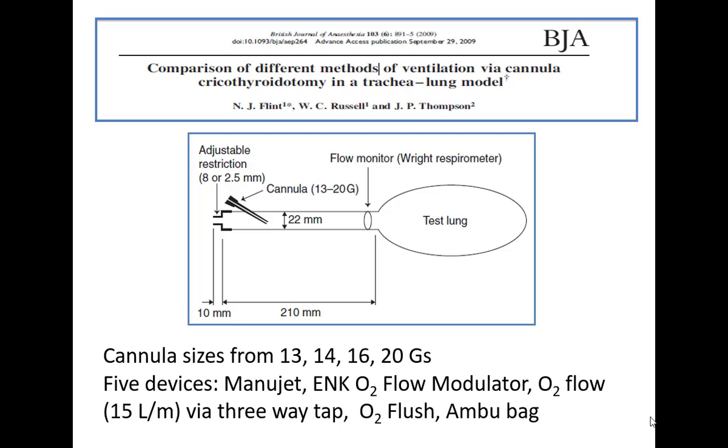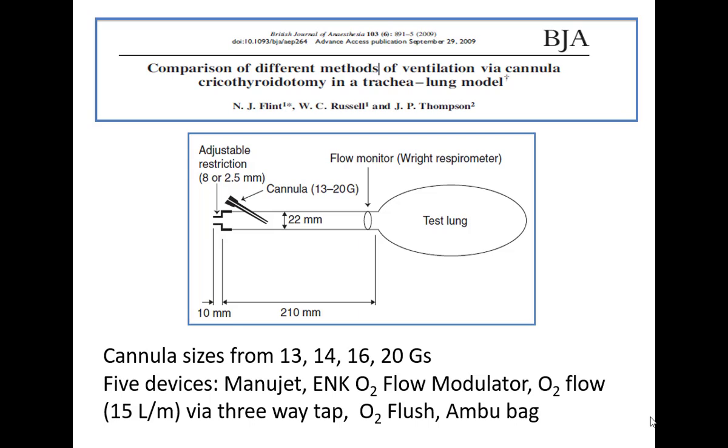So this was a very interesting study. What they did was they made a trachea out of plastic tubing, and they had a test lung attached to that. And what they also had at the other end, or the upper end of the airway, was an adjustable restriction, so they could adjust the size of the glottis, right?